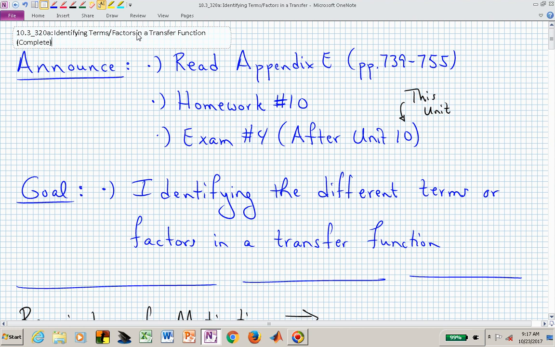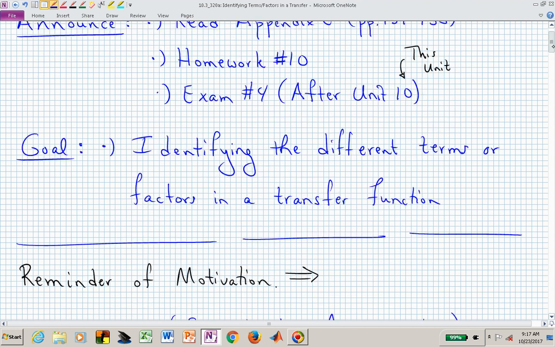In this very first video of that set, we are going to look at identifying the different terms or factors in a transfer function. You could think of these as flavors.